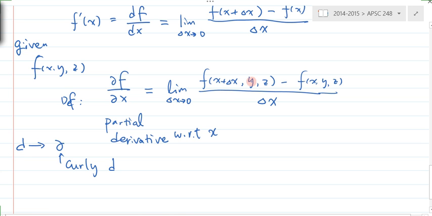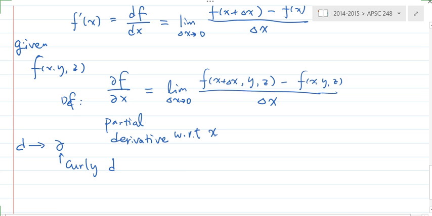What's not changed? x changed. Did y and z change? No. So when you're taking the partial derivative with respect to x, you're treating every other variable as if they are constant. It's as simple as that. Just remember this one simple rule and you won't go wrong with the partial derivative.